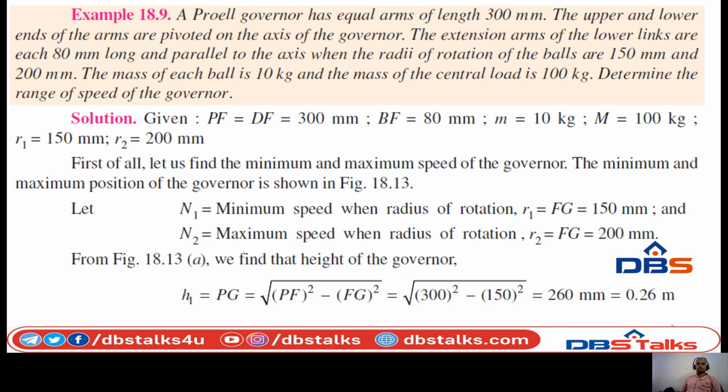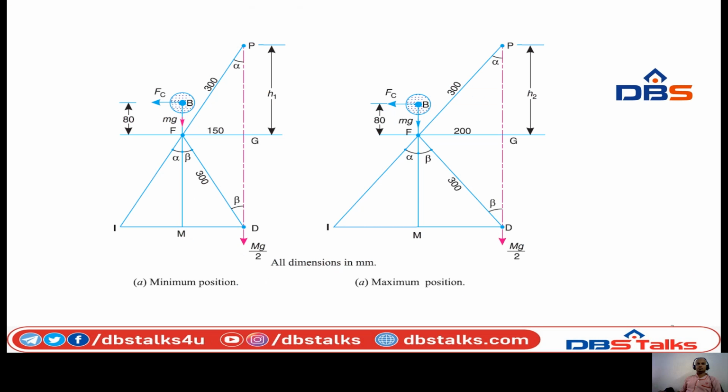Then one more thing: the extension of the arms of the lower links is each 80 mm. If you see the diagram, we have to draw it carefully. Here DF and PF are both of equal length, 300 mm.